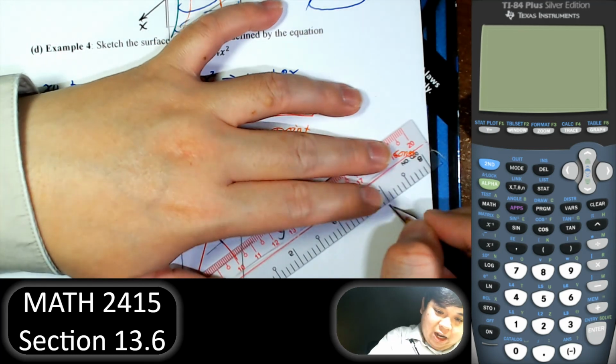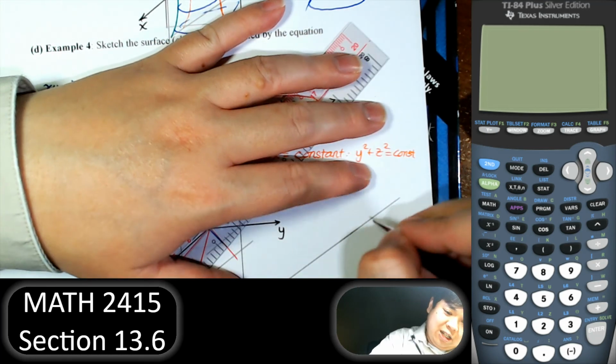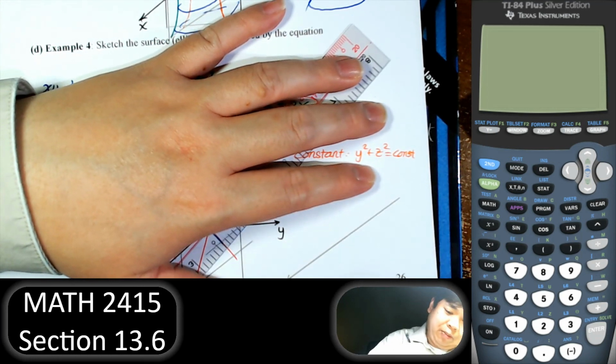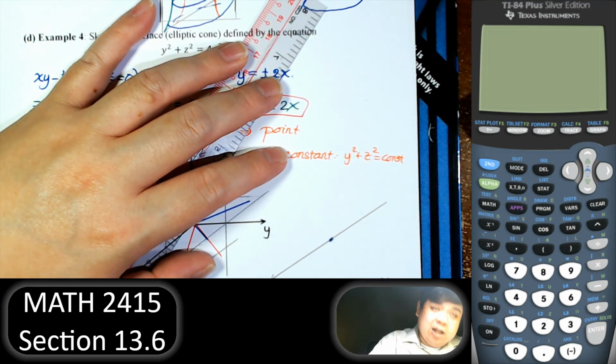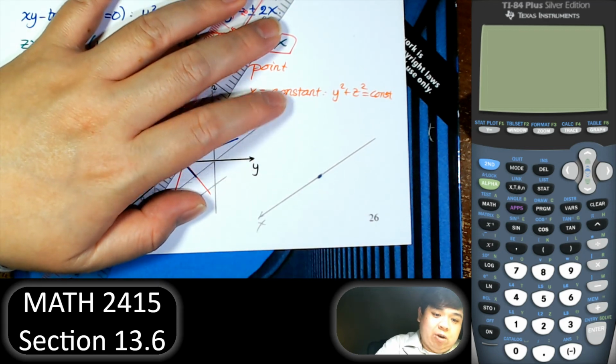So let's say I put the x-axis like this, say that is the x-axis, go this way, 0 is here. The bigger the x-axis, the bigger the radius.